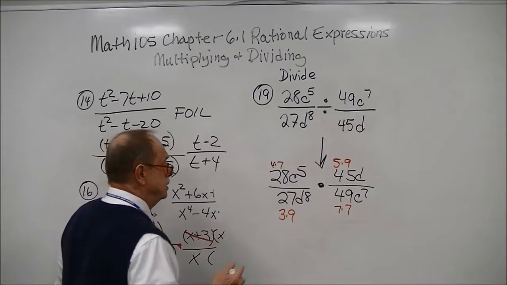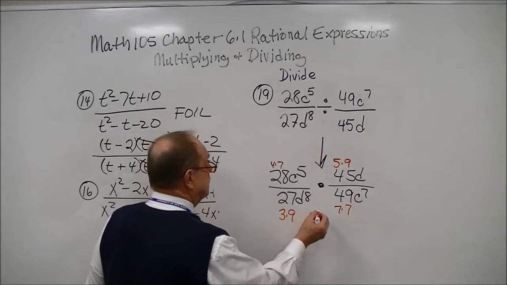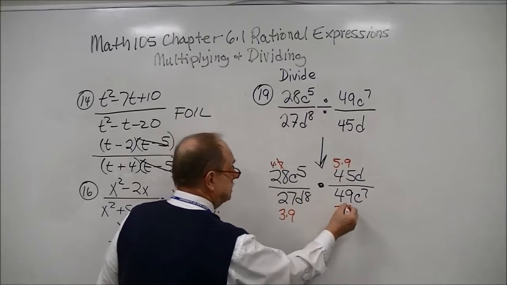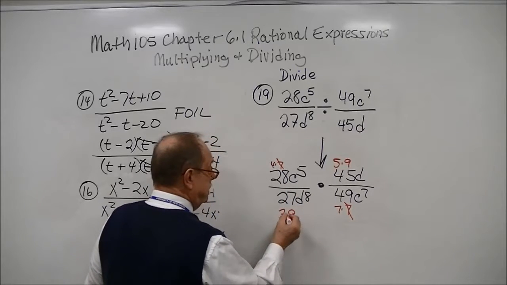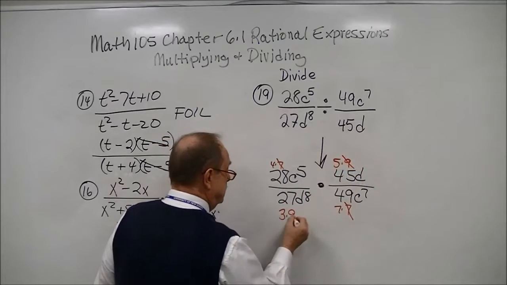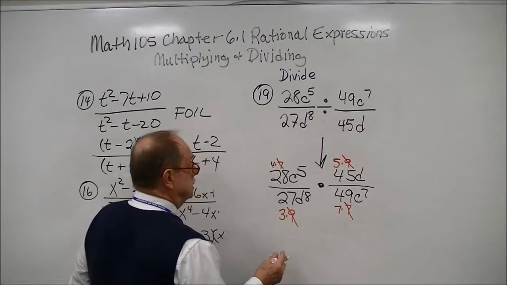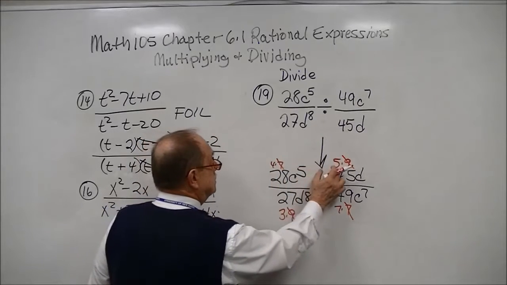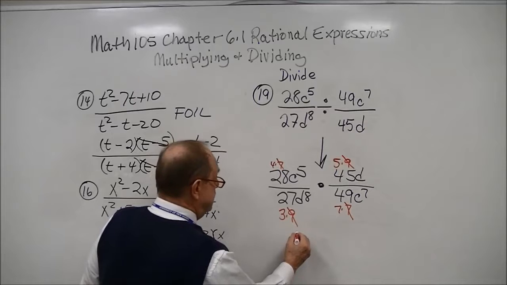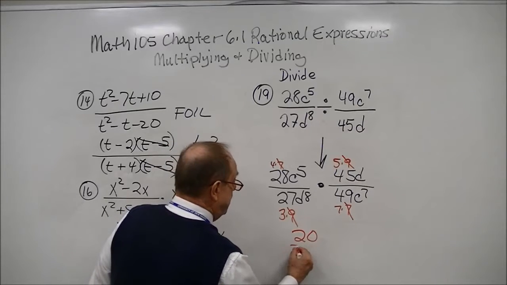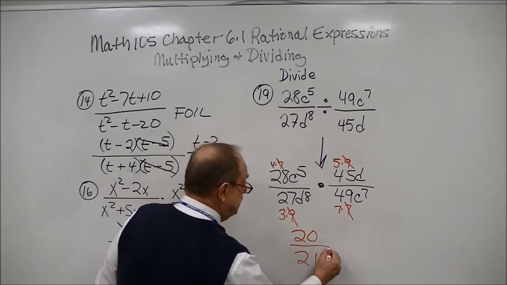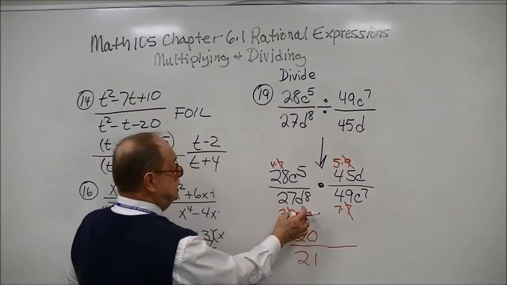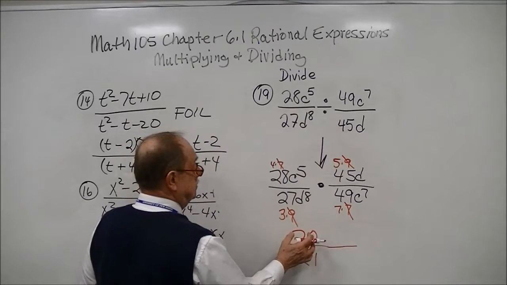And then what we do is we can cancel out here the 7. Here we cancel out the 9. So as far as our number goes, we're now going to get a 20 over 21. And now we just have to deal with the letters.